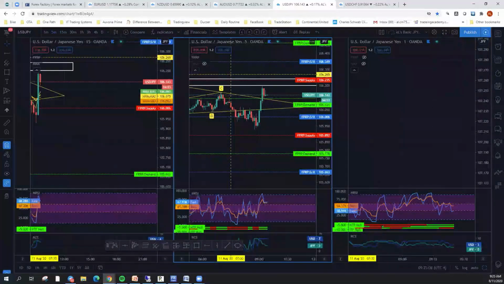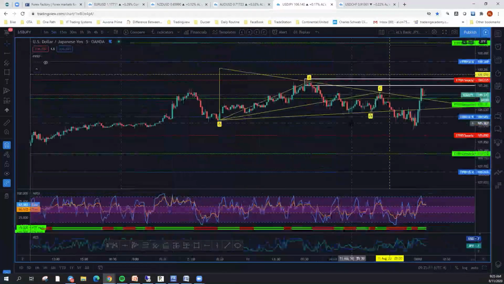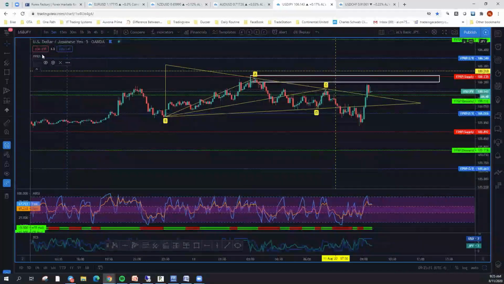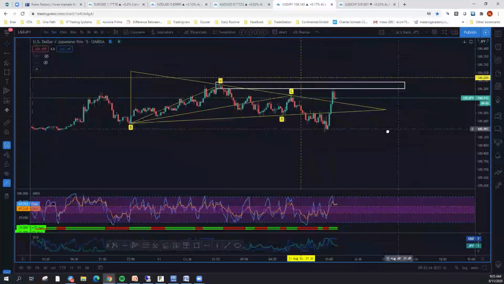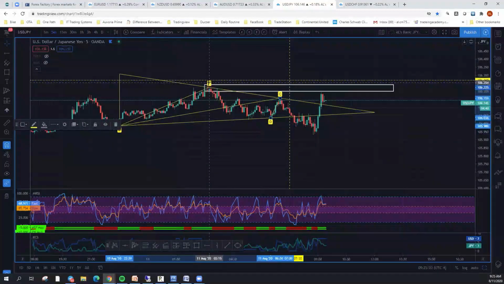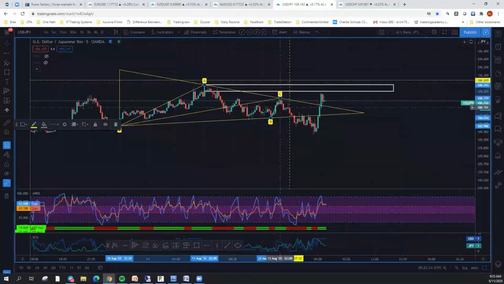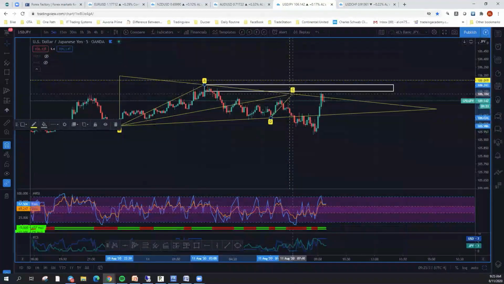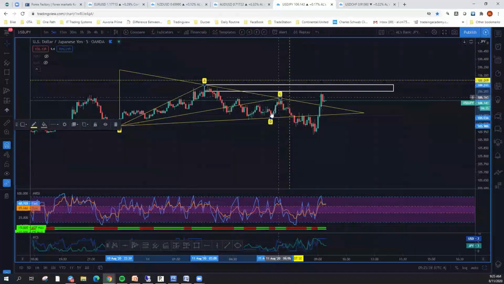Looking at a lower time frame, go to our 5-minute chart. I'll take these fibs off just to keep things cleaned up a little bit. There's the top of it. That's the peak I wanted right there. We'll tweak that. Find out where the peak is on this one, the 5-minute.